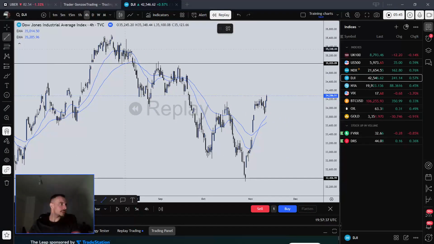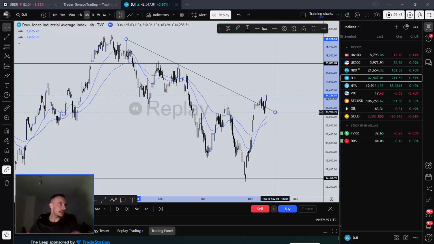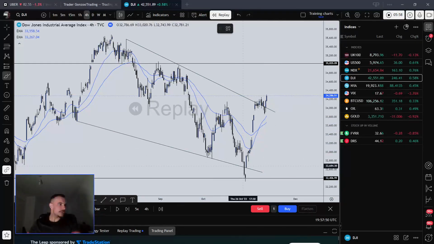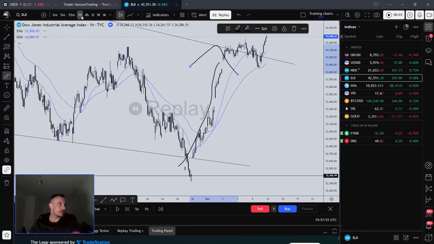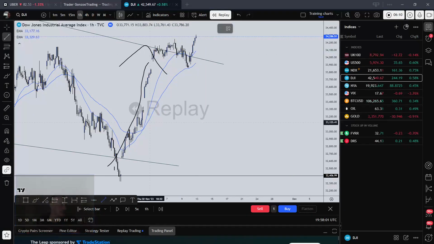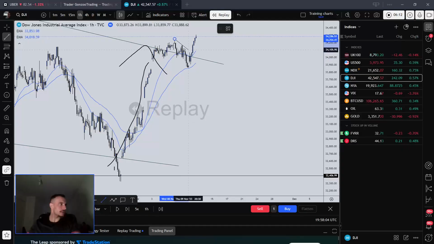As we can see, the price has been reacting this way, has broken down over there, and moved impulsively to the upside. Then if we go on the 1-hour time frame, we can see that we have formed another descending channel, broken down over there.